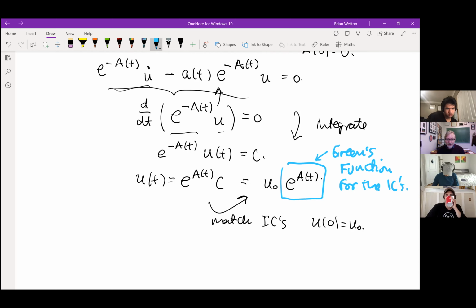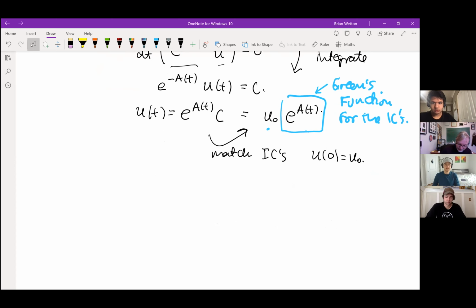Why? Well, there's only one initial condition, one scalar value, so I don't have to integrate over anything or sum over anything. There's just one. And how do I get the solution to the initial value problem? I take that data and I multiply by that function and I get the solution, right? So this is really telling me how the initial conditions affect the solution at all time. That's a pretty interesting thing.